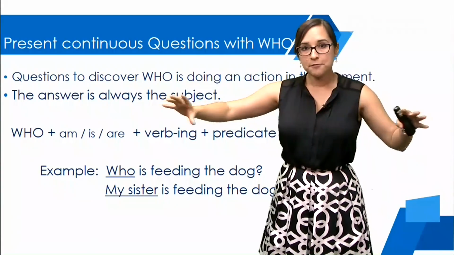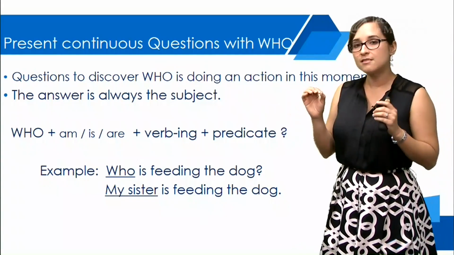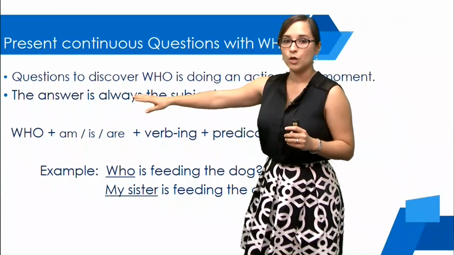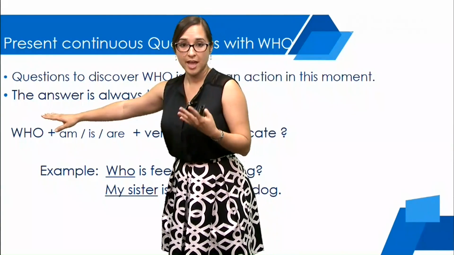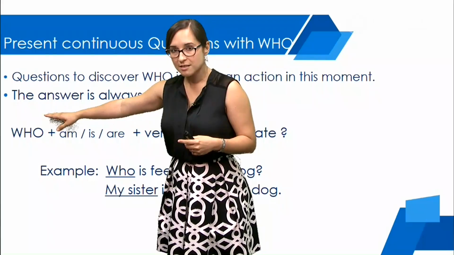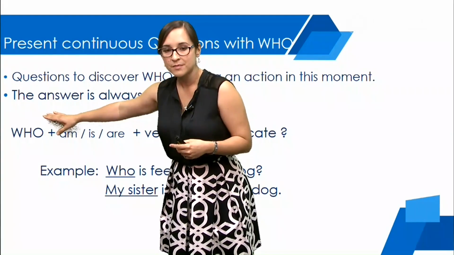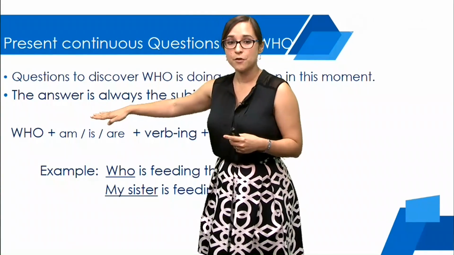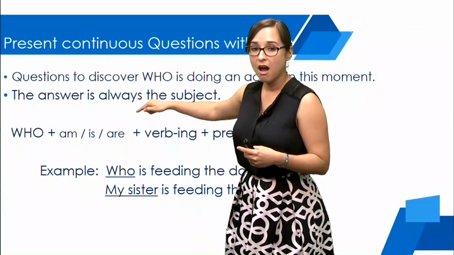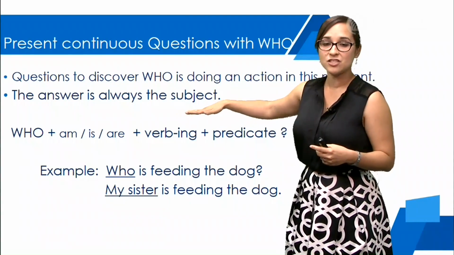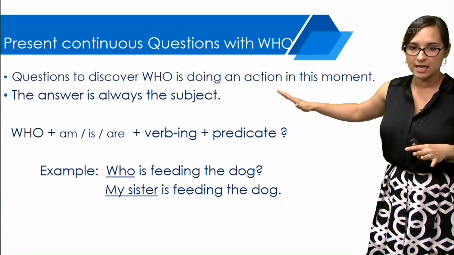The formula for doing these questions is always the same. You write or you say the WH word, in this case who, and then you add the verb to be, am, is, or are, then the verb with ing, and finally whatever predicate you have.